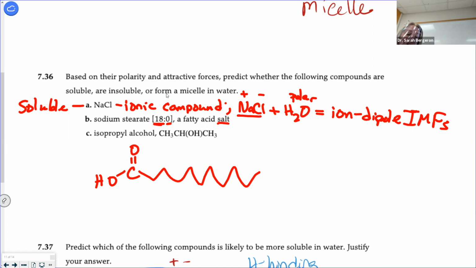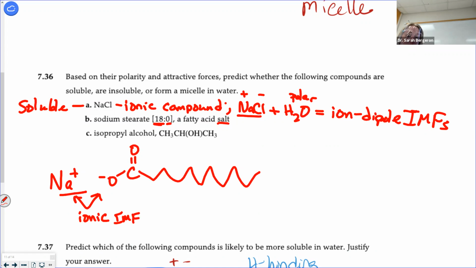In a fatty acid salt, you've lost the hydrogen, and now you have a carboxylate, which is negative, and you bond it to a positively charged metal. So do you see how you have a positive and a negative? What are salt compounds? Ionic compounds that have a positive and a negative. So this is what kind of interaction? This is an ionic interaction here, between these two.